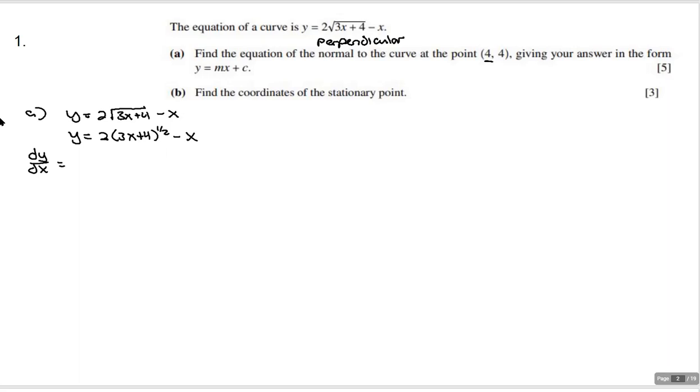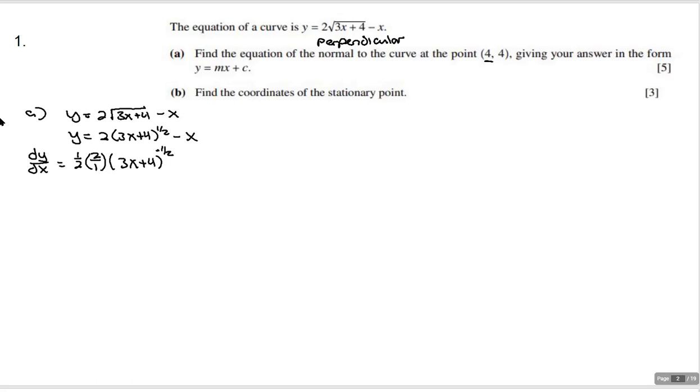So we're going to take 1/2 times 2 over 1, and then the inside is not going to change. Then I subtract 1 from the exponent, so this becomes negative 1/2.